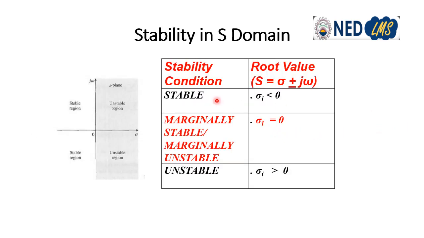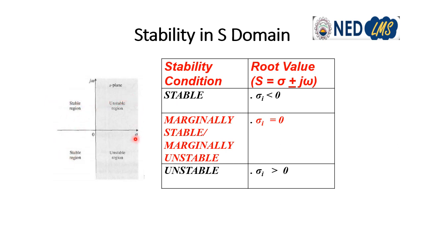Now we see the stability in the S domain. In the S plane, how do we define it? We have sigma, or the damping factor, on the real axis, and j omega, or the damped frequency, on the imaginary or y axis. We define stability such that if sigma is negative, or the poles lie in the left half of the S plane, then the system will be stable.